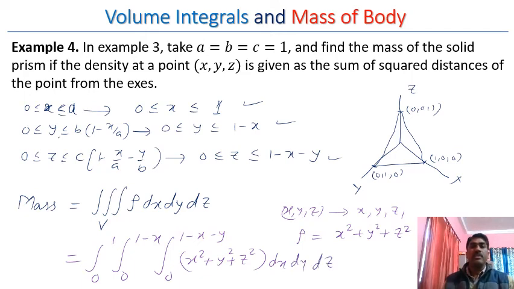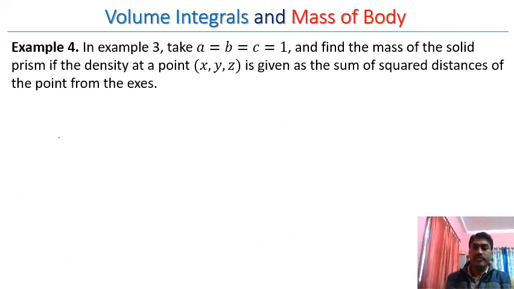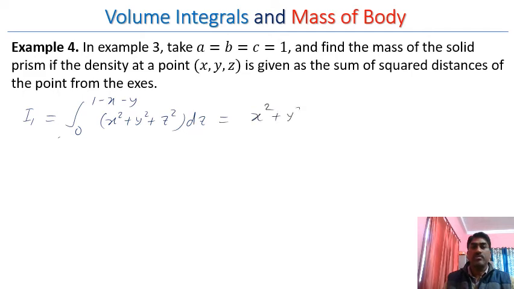Again we will integrate the interior integral, means the z integral first. So let us take I1 is equal to the integral from 0 to 1 minus x minus y of (x square plus y square plus z square) dz, and this is equal to (x square plus y square) z plus 1 by 3 z cube, and the limit applies from 0 to 1 minus x minus y.